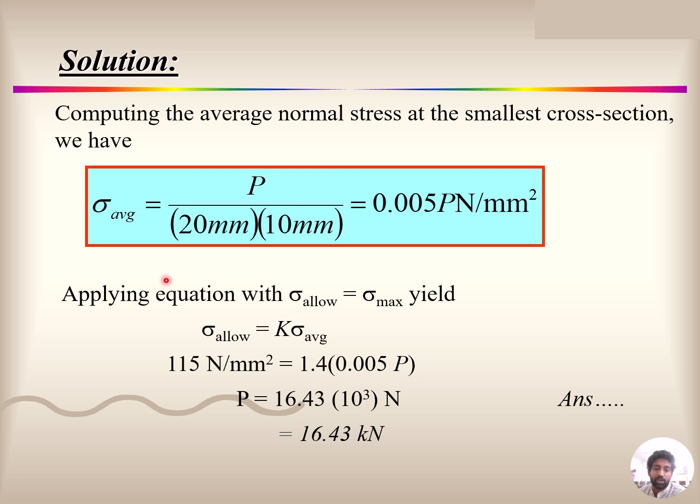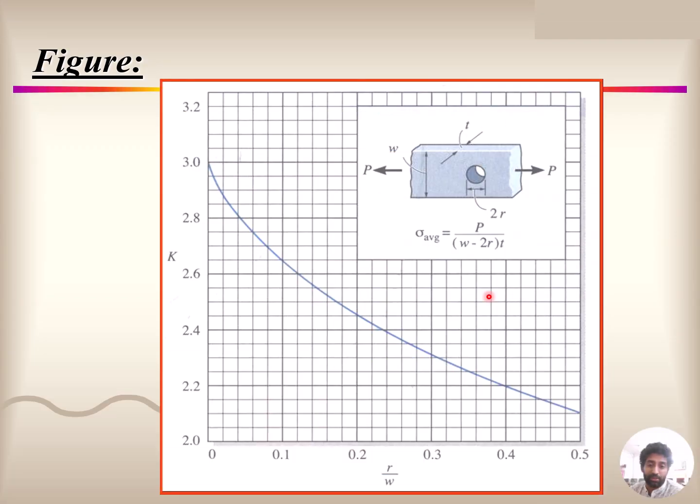So K is equal to sigma allow by sigma average. K value is 1.4 and allow is 115. From there you can find out what force you can apply on that body until failure. Similarly, if you make one hole, you can find out the same.